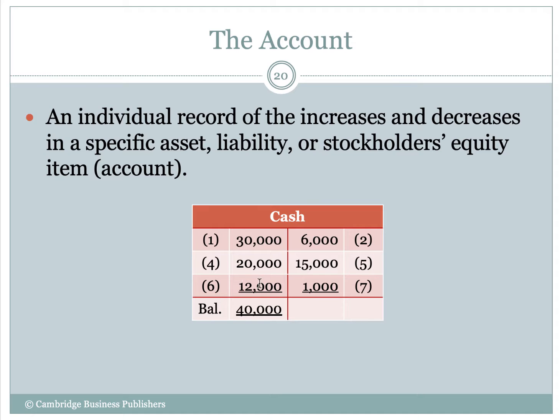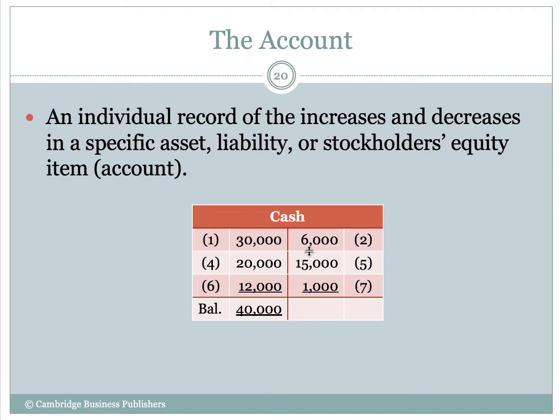So we only see the one side of that transaction, the cash side. Well, where's the common stock side? Well, guess what? It's not on this slide, but somewhere in the accounting system, there's another T account with common stock that shows the common stock going up by $30,000.